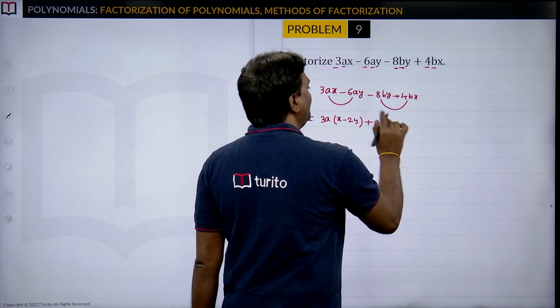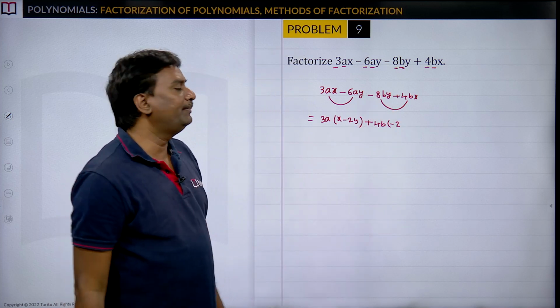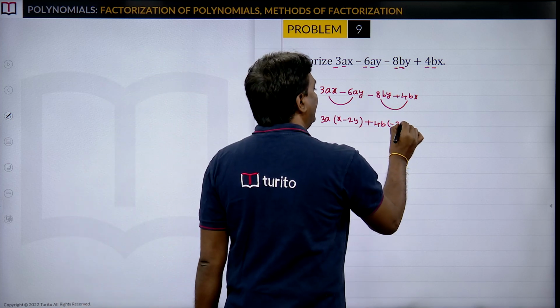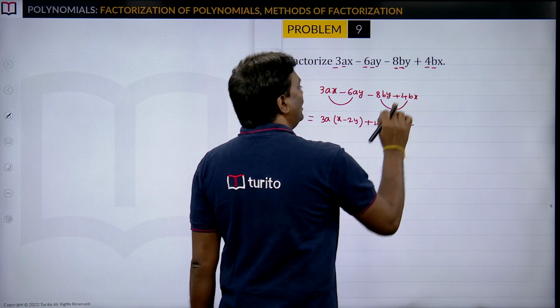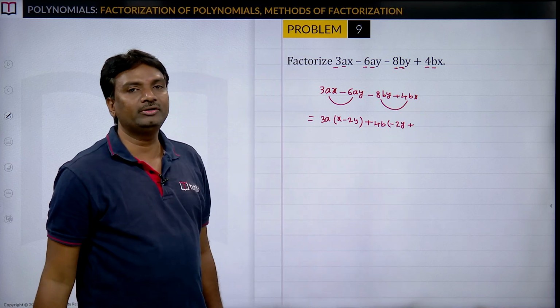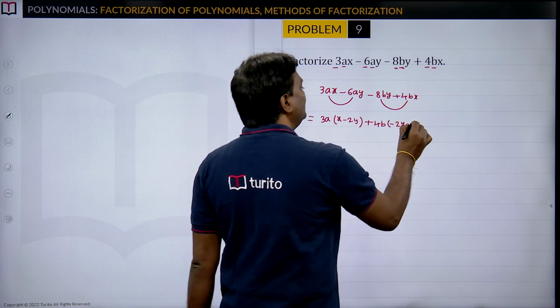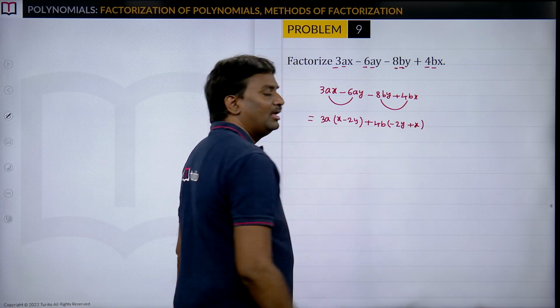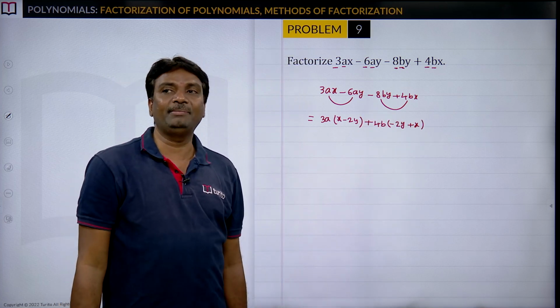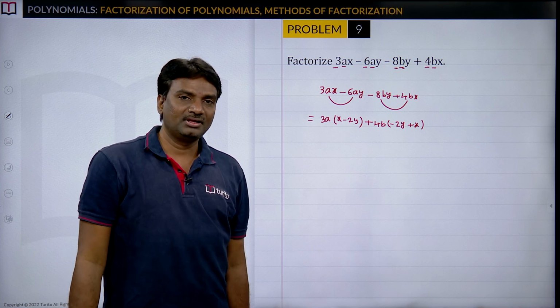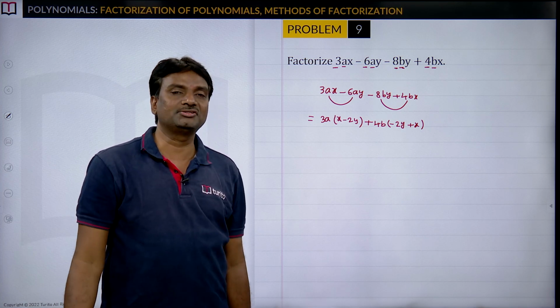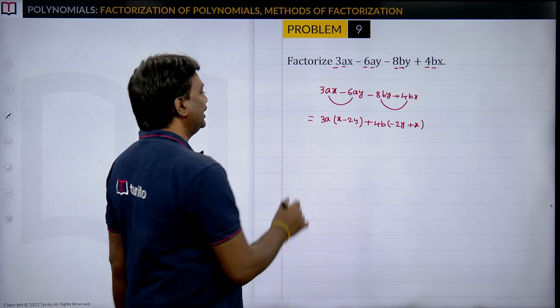Since we have taken b as common, you can take y, minus 2y, plus from 4bx we have taken 4b as common, that is x. So, minus 2y plus x can be written as x minus 2y.